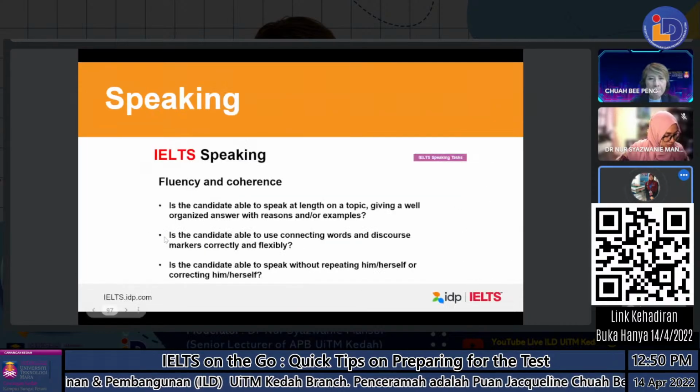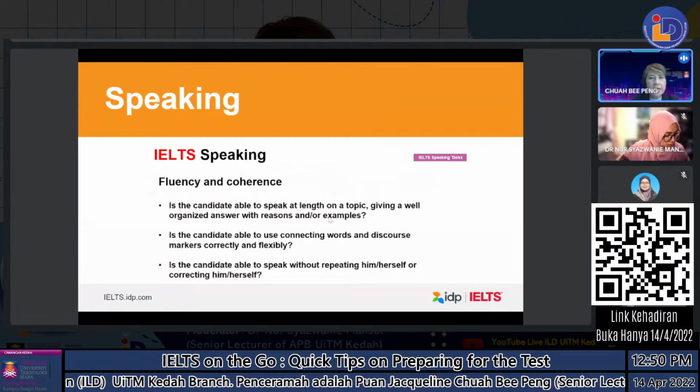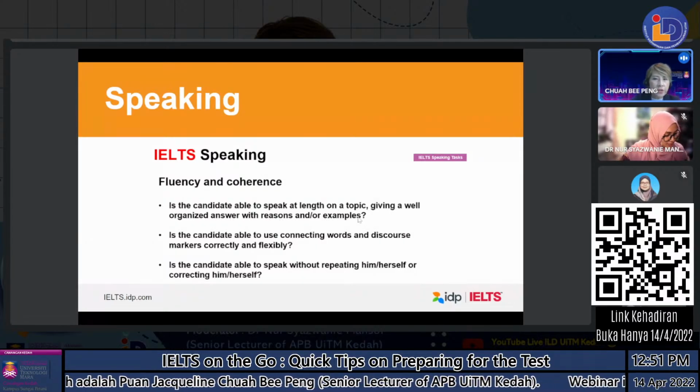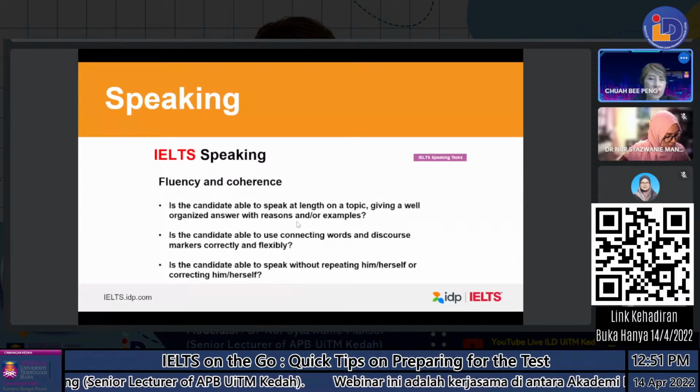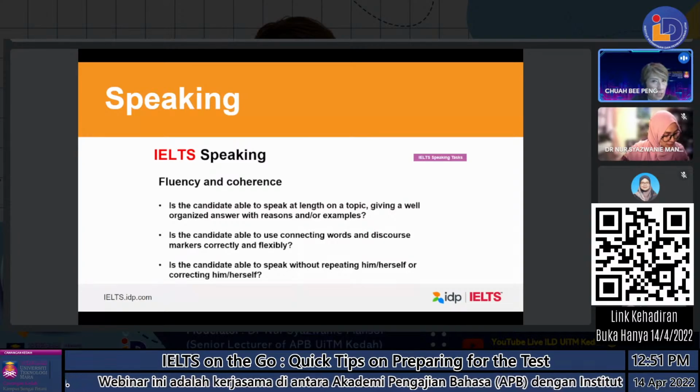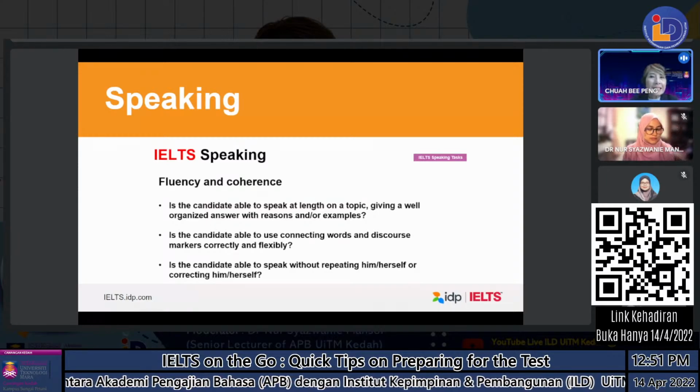So is the candidate able to speak at length on a topic, giving a well-organized answer with reasons and examples? Content is not so important, but rather it's more about your fluency, your responsiveness to the questions, your ability to carry on the conversation without much difficulty, and also that you're able to produce clear and coherent speech.